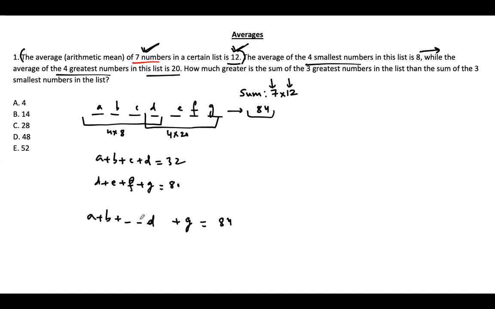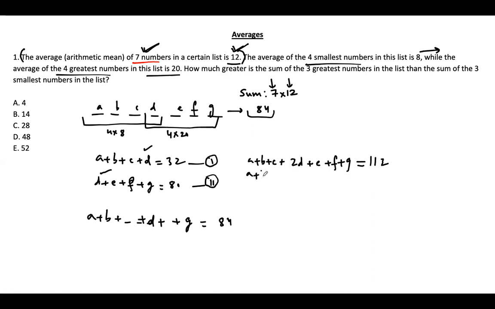There's 1 D coming here, this D. This is equation 1, 2. If I add both the equations, what will I get? A plus B plus C plus how many times D? 2D, plus E plus F plus G is equal to 80 plus 32, 112.